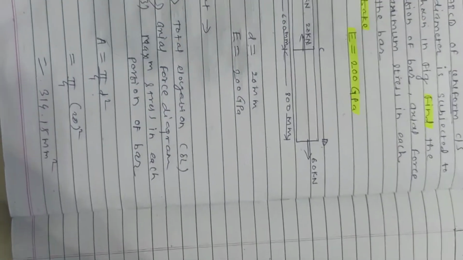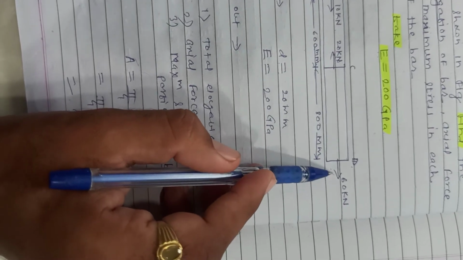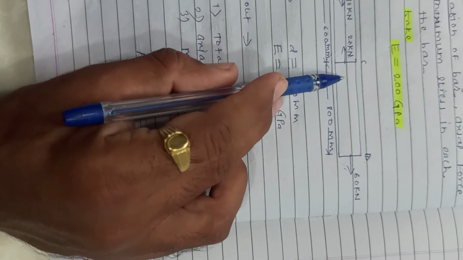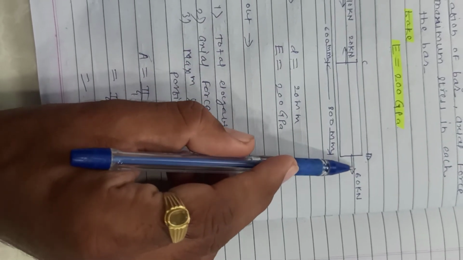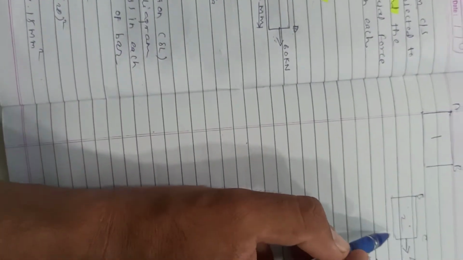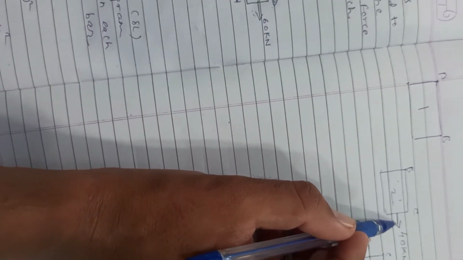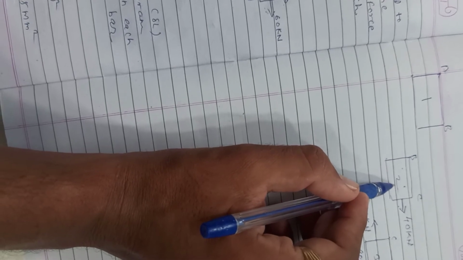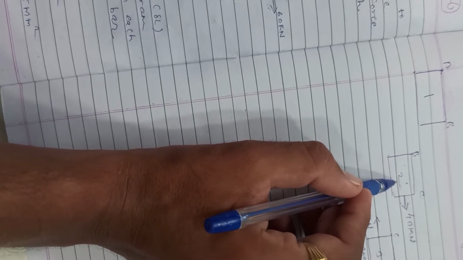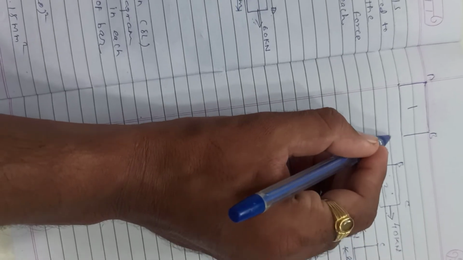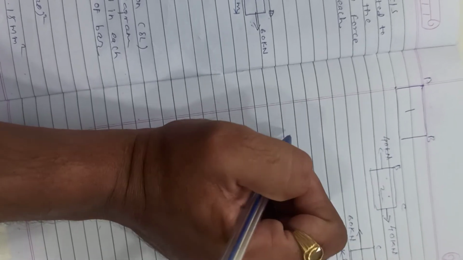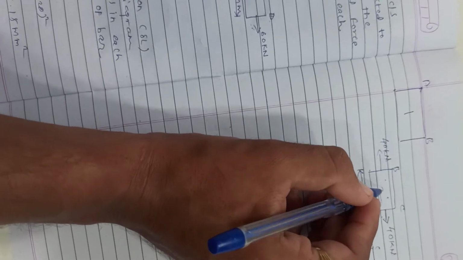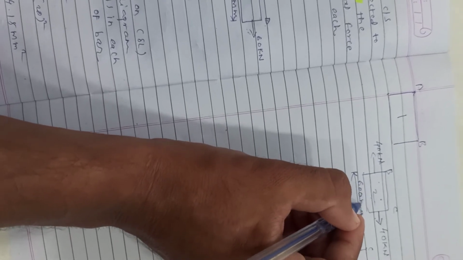How does this direction come? Because this direction is 60 and we are deducting 20, so we get 60 minus 20, that is 40, which is acting tensile. So we have taken a tensile force of 40 kilonewton. In the same way, to maintain the system in equilibrium, we have to apply the same force with equal magnitude, that is 40 kilonewton, having a length of 600 mm.